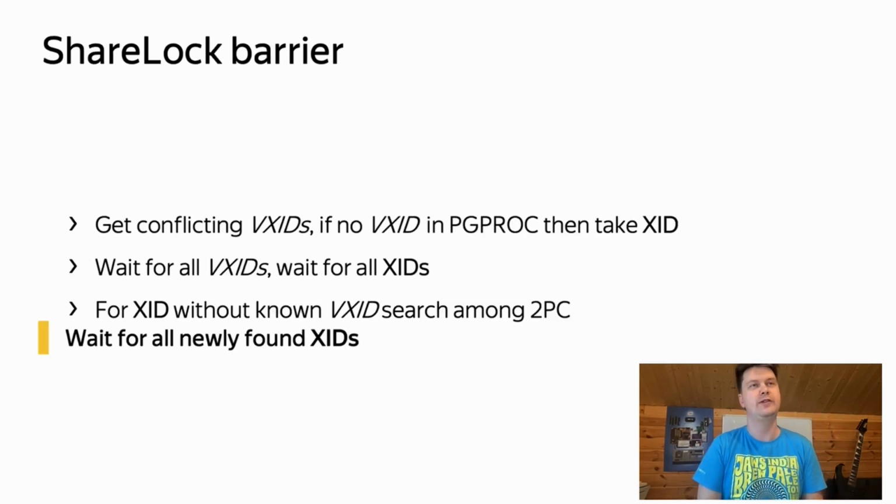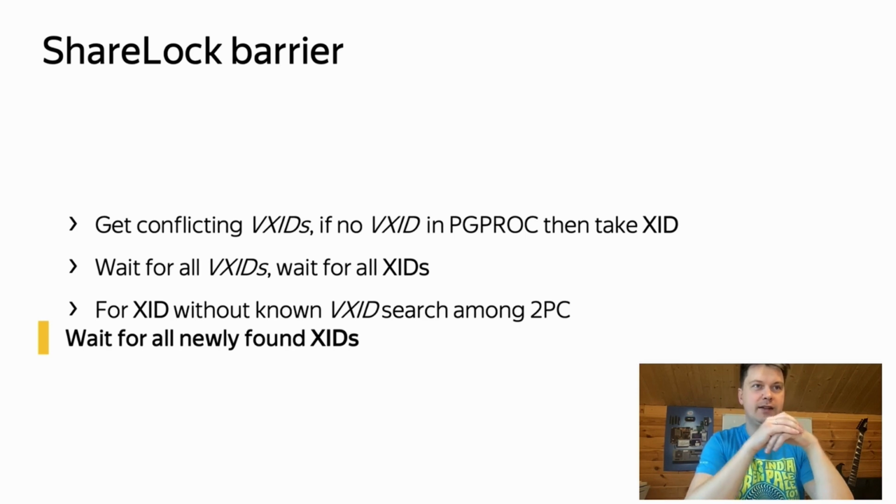So how does the share lock barrier work now? If we want to use this wait for lockers function, we first collect all virtual transaction identifiers and all regular transaction identifiers. Wait for each virtual transaction ID. If it is converted to a regular transaction, collect this and wait for each regular transaction ID.